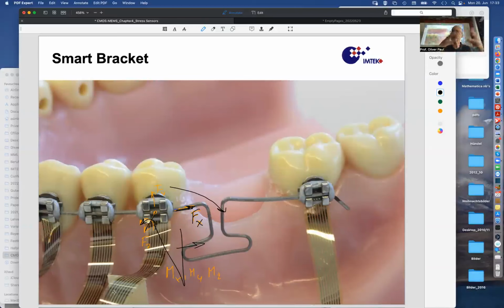And this spring, actually, one PhD student, Julian Hafner, passed his PhD thesis on this integrated system equipped with telemetry functionality so that you can approach the smart bracket with a loop, activate it, get the measurements out, and then move to the next one, activate it, get the measurements out, and then you have a picture of the whole dentition of what the force and torque components are.